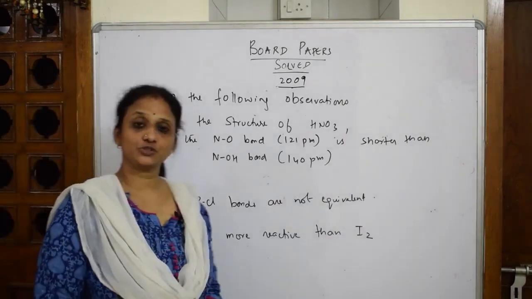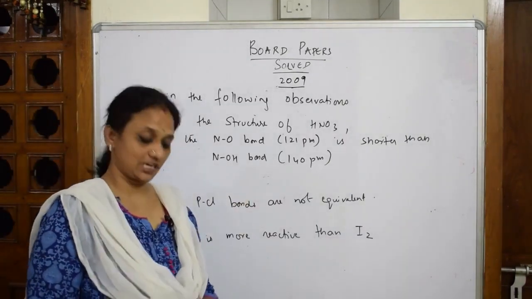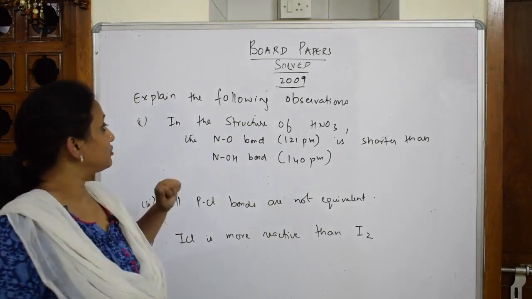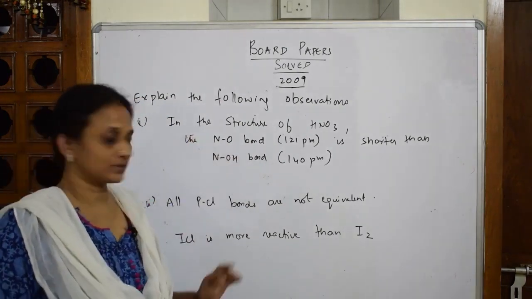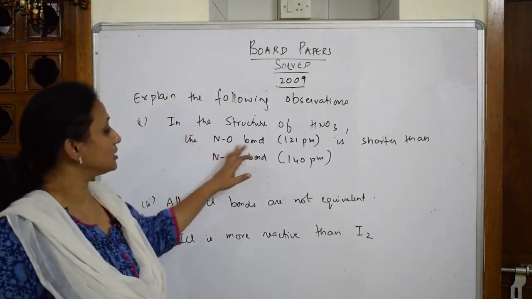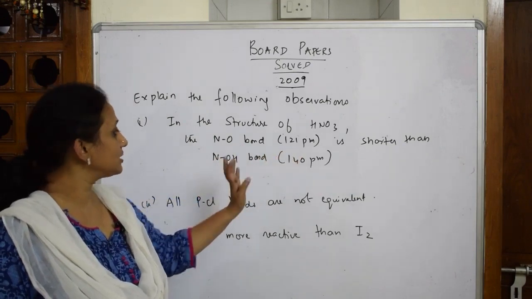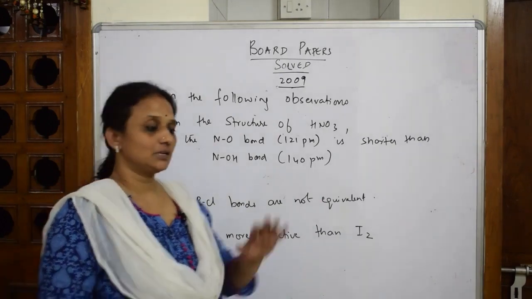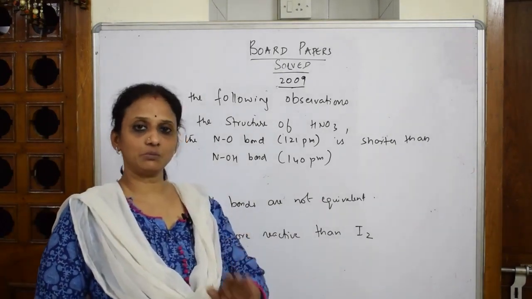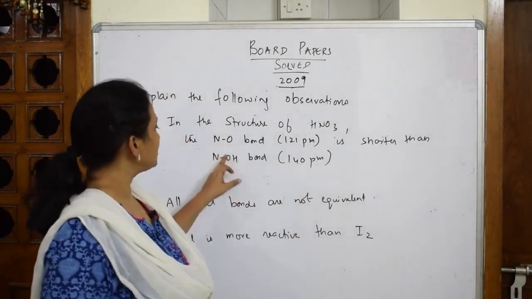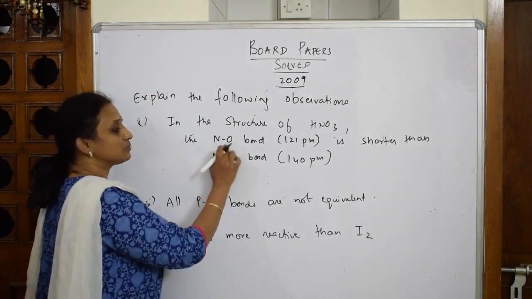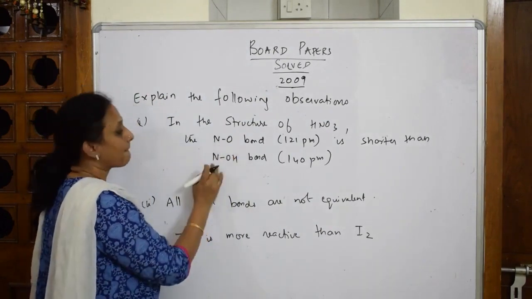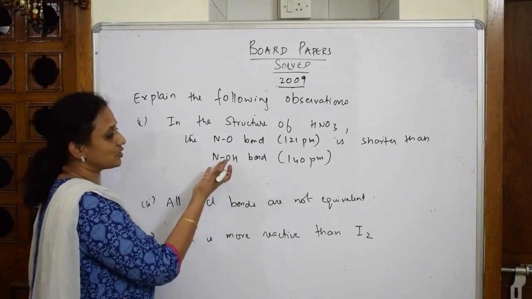Right, let's come back and do part B of the 2009 paper. What did they give us? Explain the following. In the structure of HNO3, the N=O bond is 121 picometer and shorter than the N-OH bond. So basically when do we call something shorter? We have a criteria: single bond, double bond, triple bond. Now when I compare these two, what do you observe? This has a double bond character, and this has a single bond, so obviously, isn't it?